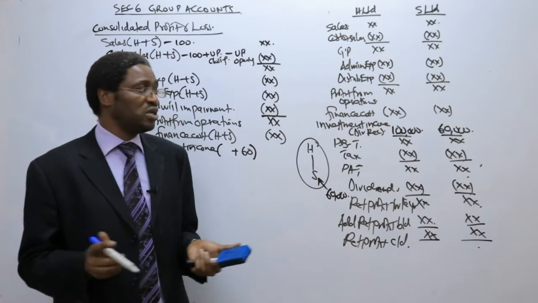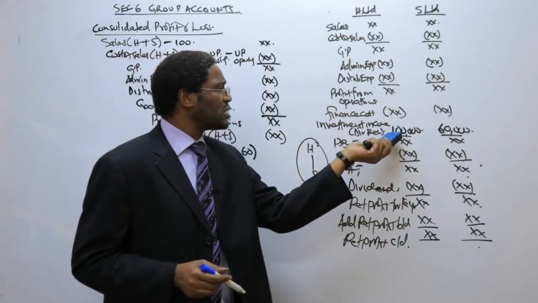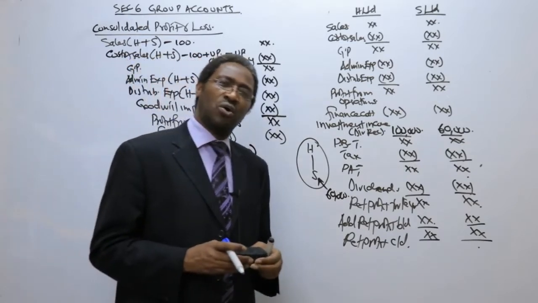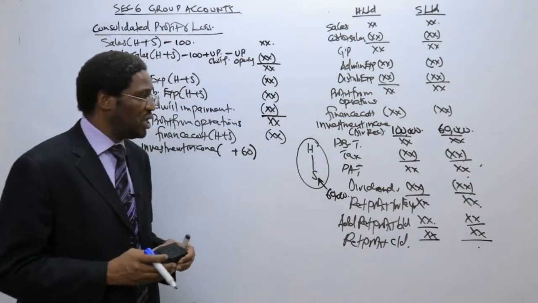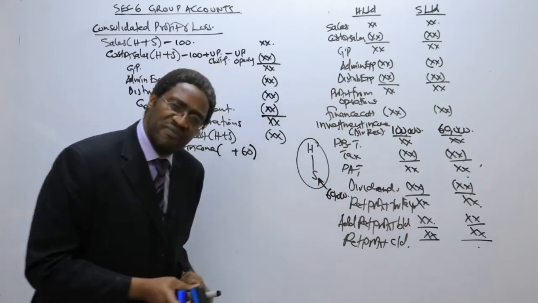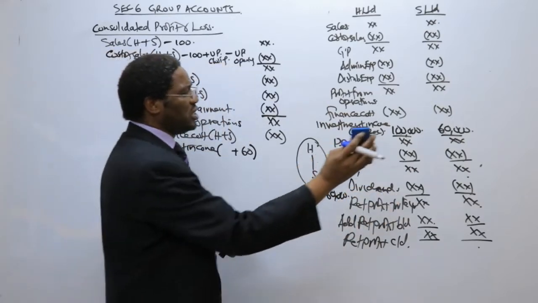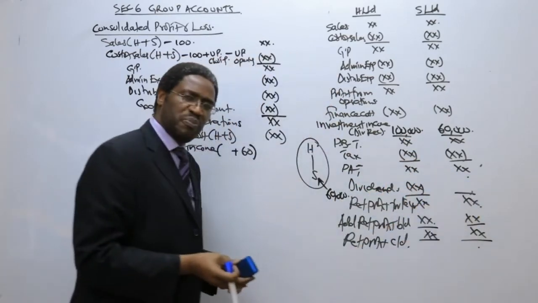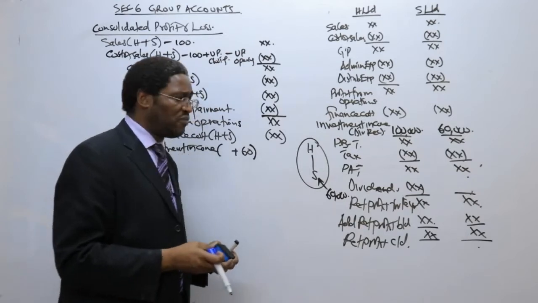To know how much out of this 100,000 the holding company has received from a group member, we said you come down and find out how much are the dividends. Go to the income statement of the subsidiary company and find out what they have paid as dividend.